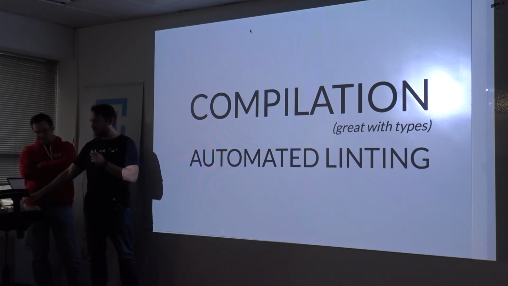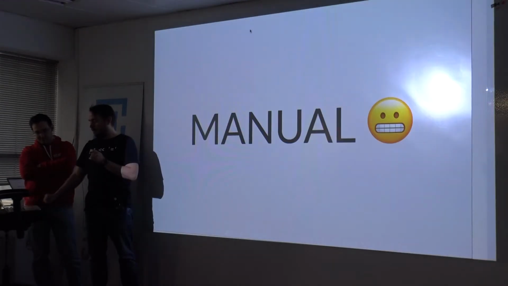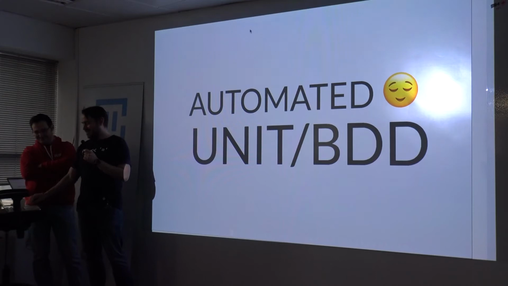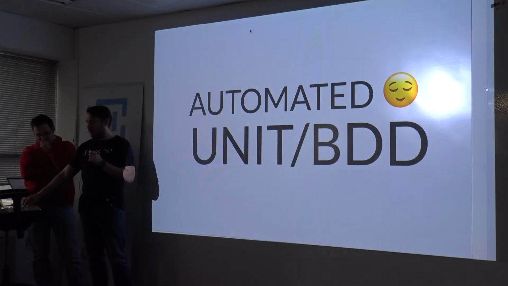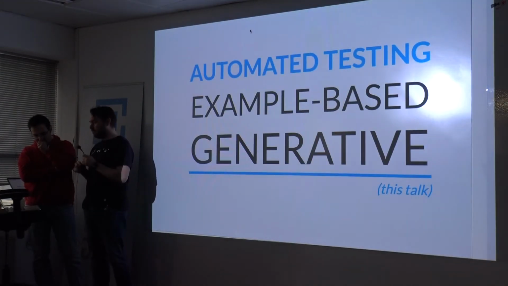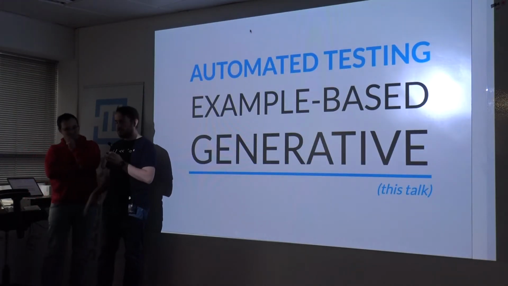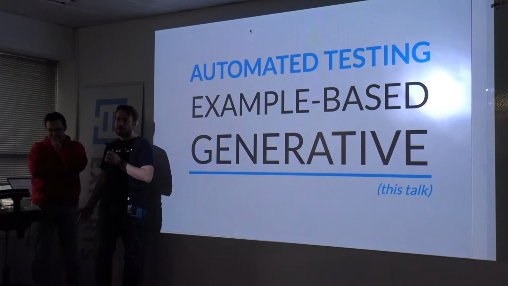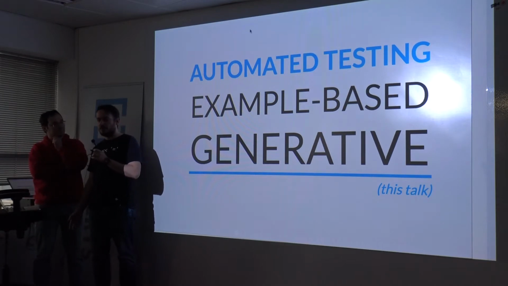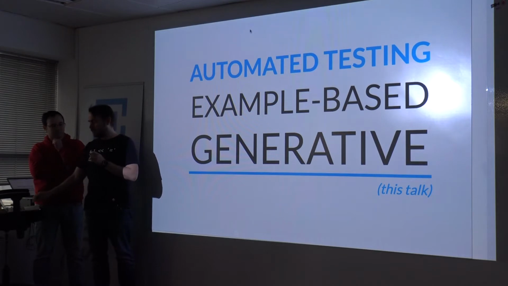It's pretty easy to set up, and you get some return out of it. It's not real testing the way we like it, but it's something. There's manual testing, and there's automated testing, such as unit testing or behavior-driven development. And within automated testing, we have example-based testing, which is what we normally use, and generative testing, which is the focus of this talk.